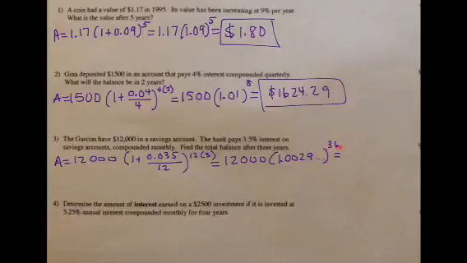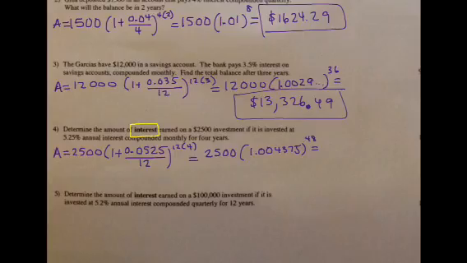Now do the exponent to the 36th power, and then at the end just multiply by 12,000. And so what you should get after you do that would be $13,326.49.